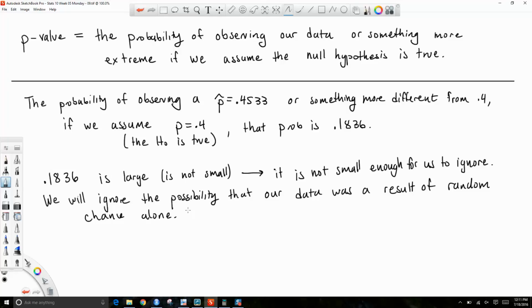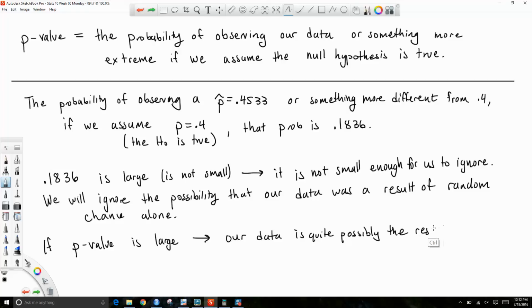Okay, so in our case, if the p-value is large, then that means our data could have been a result of, is quite possibly the result of, random chance only.